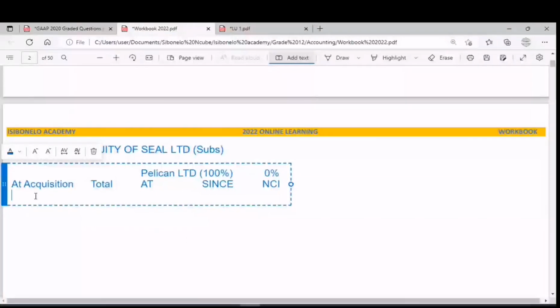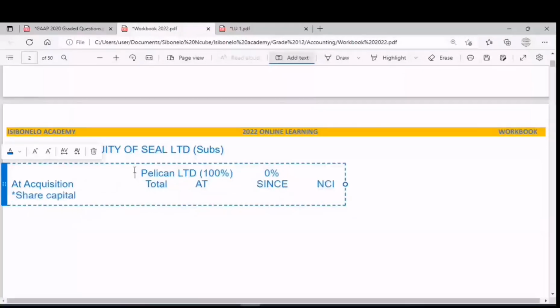So sizoba no-share capital. So i-share capital yethu ka-subsidiary iwumalini? Subsidiary uSale Limited. So i-value yakhona 100,000.